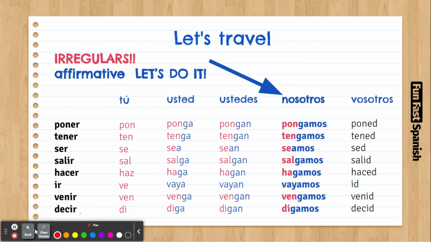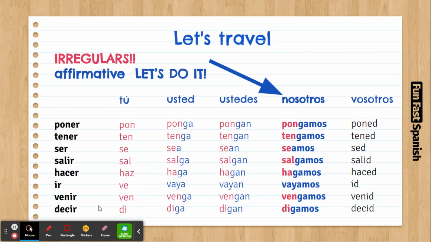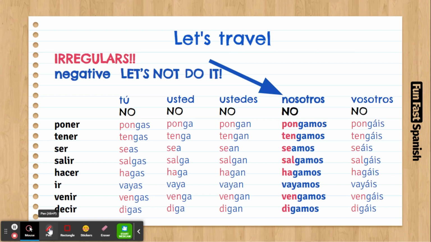And again, if you want to do the negative, it's exactly the same thing, but adding the word no. So let's not put the salt on the table. No pongamos la sal en la mesa. Let's not be careful. No tengamos cuidado. Let's not be happy. No seamos felices. Let's not get out of here. No salgamos de aquí.